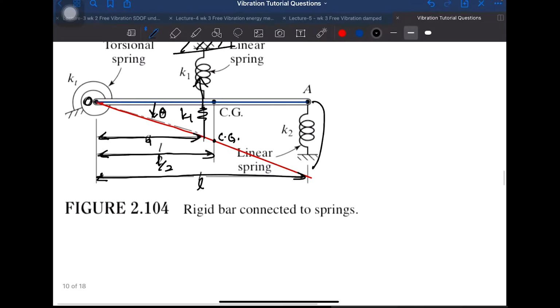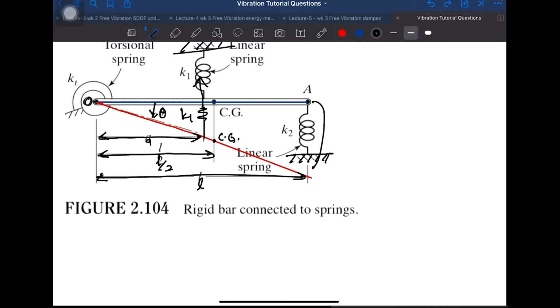And for K2, the same thing happens. K2 is attached to a wall here, and K2 is attached to the bar at position A at the original position.